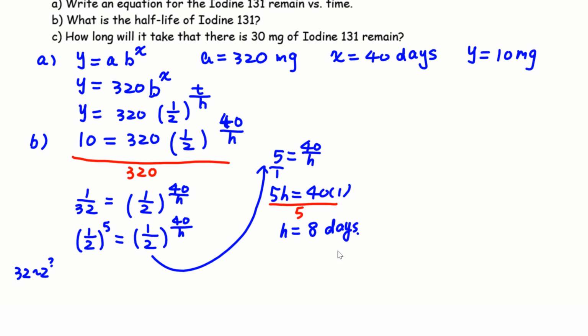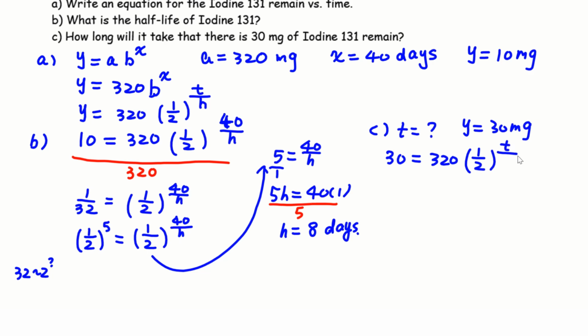Then this is question B. For question C, it asks you T equals what? When, how long, will it have 30 milligrams of the element left? So we sub in 30, that equals 320 times 1 over 2 to the exponent t over 8.